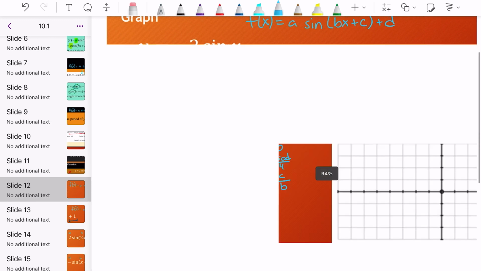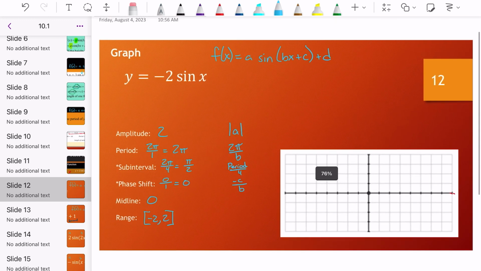Now, as we use this information to start graphing, we're going to go ahead and start with our midline. Midline is drawn using a dotted line across the x-axis. We then take a look at our phase shift.